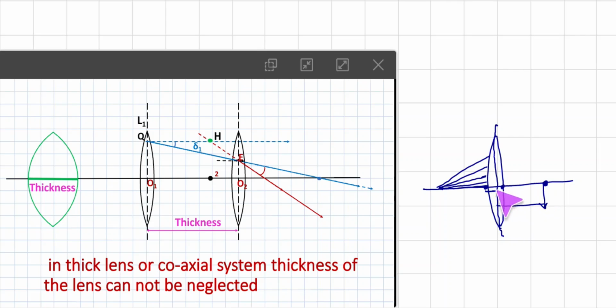That is what we do for a thin lens, and we consider the thin lens to be very thin.